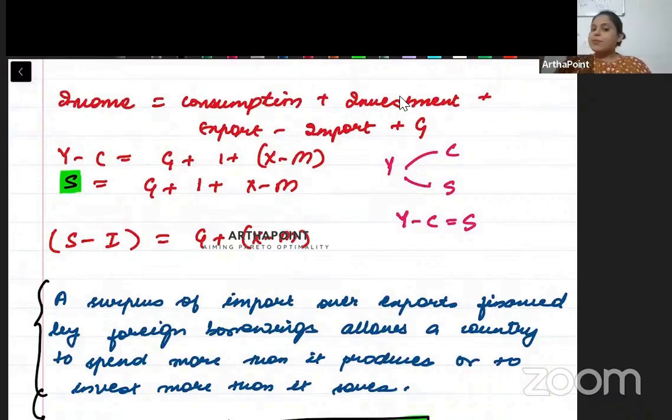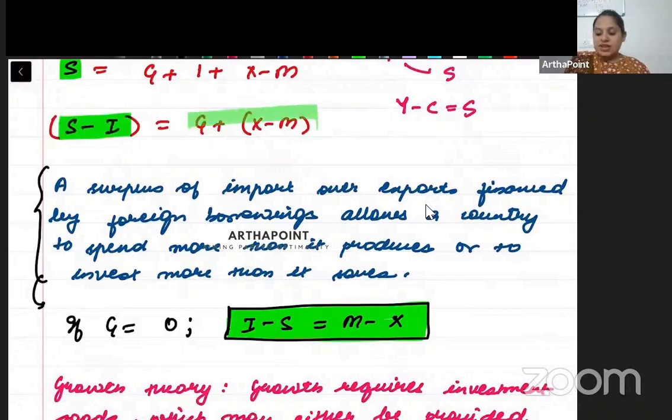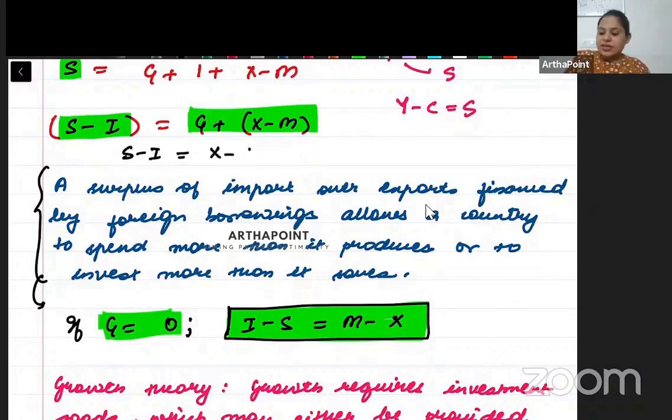Now, supposedly in this model, I keep G at 0. G की जरूरत नहीं है. And I bring I on the other side. What do I get? I get S minus I is equal to G plus NX. And if I keep G at 0, then I will get S minus I is equal to X minus M, if G is 0.